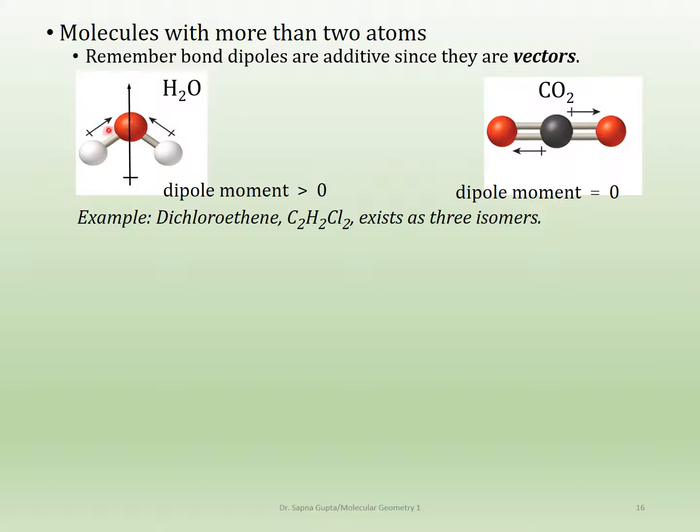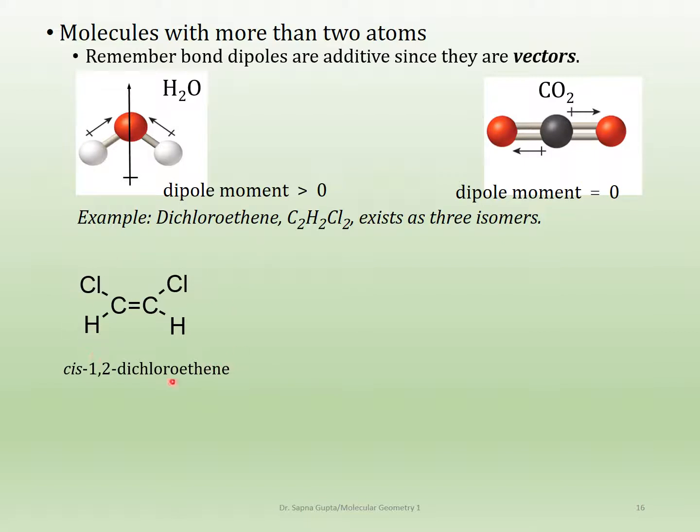But because water is bent, it has a dipole moment, more than zero. All right, let's look at another molecule, and this molecule actually exists in three different shapes, or three different isomers. Don't worry about the fact that they're isomers, they're just connected differently. So let's look at them one by one, and then we'll see what they actually represent.